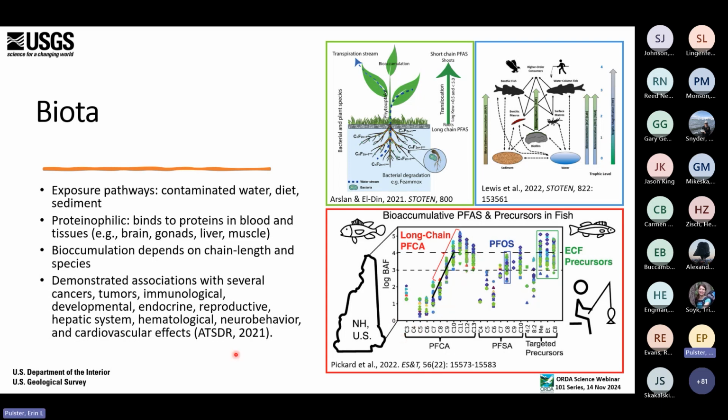A lot of the associated effects with PFAS in wildlife and in humans are shared health effects that include a lot of cancers, tumors. There are a lot of immunological effects, developmental and reproductive effects, endocrine disruption, hepatic, neurological and cardiovascular effects as well. So the list goes on.